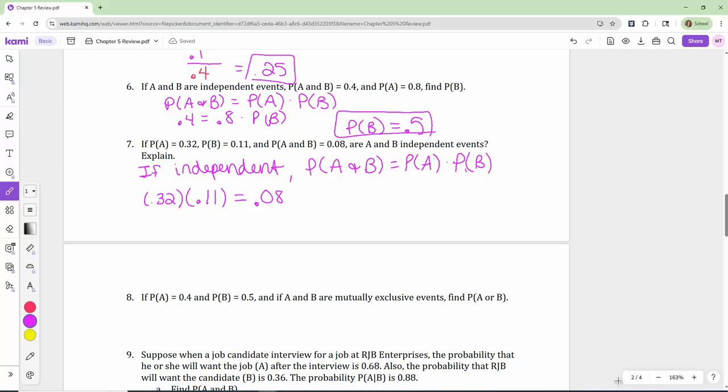No. When I multiply those, I get something different, so those are not equal, so what does that mean? Not independent.